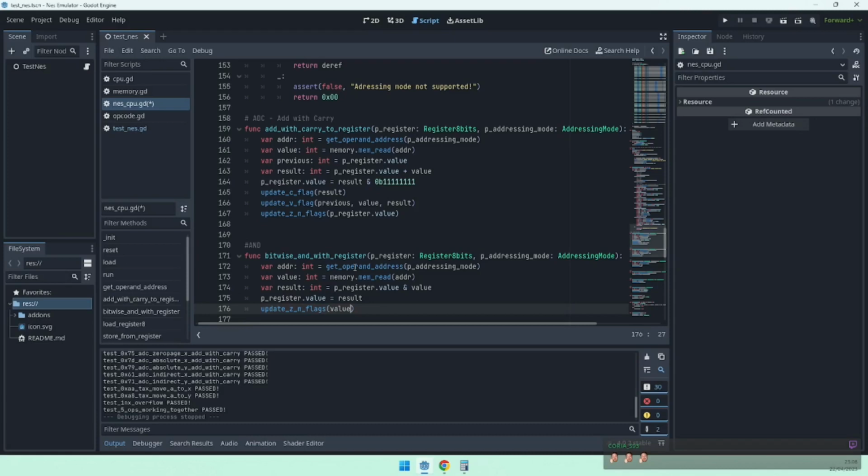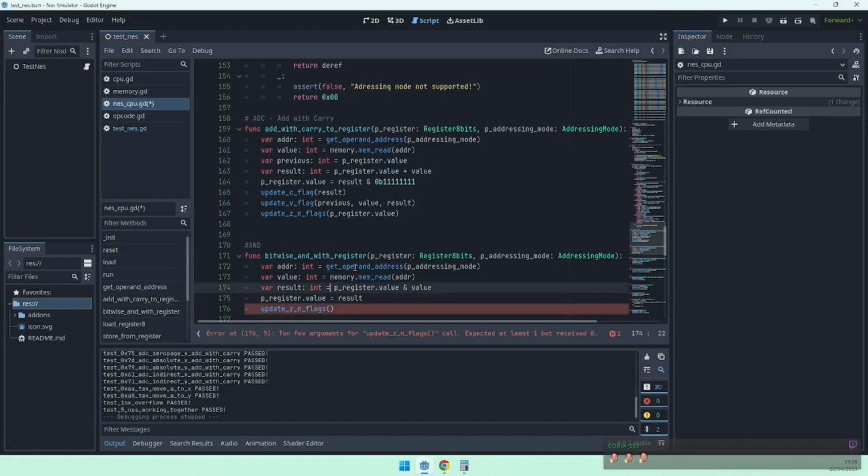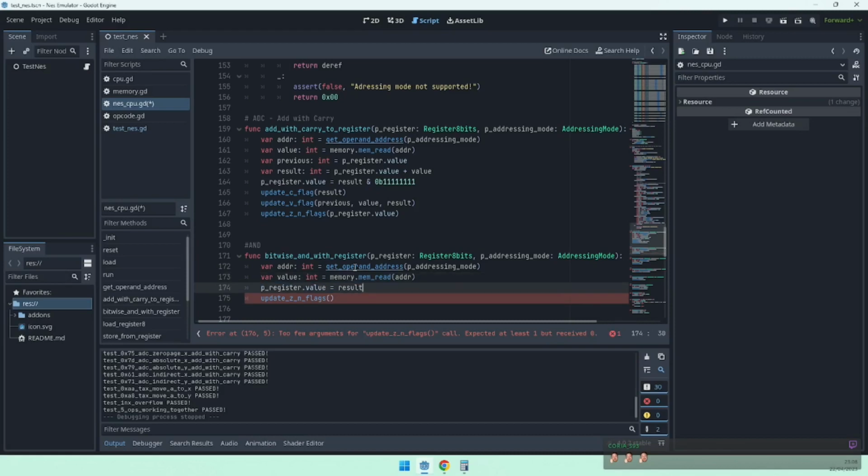So we don't even need the result. We can say and equal, because the value should never be more than 8 bits. So it's safe.